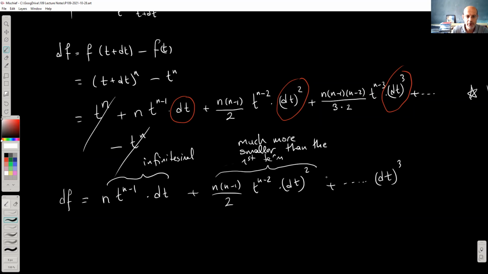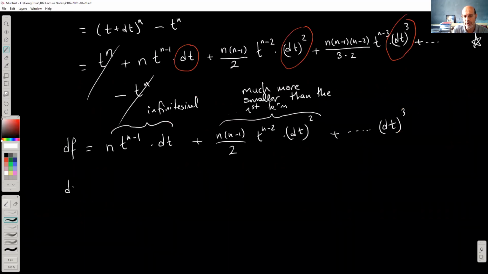Okay, in any case, let's do it the way that the mathematicians do. So we just take the ratio, right? We have to divide this by dt, in which case this dt cancels, and I get this term in here, all right? And then from this term, I get this t to the n minus 2 times dt in here.